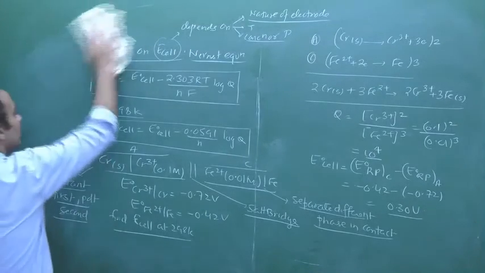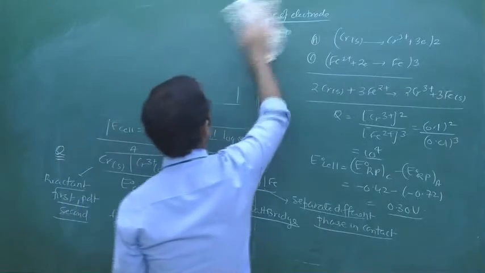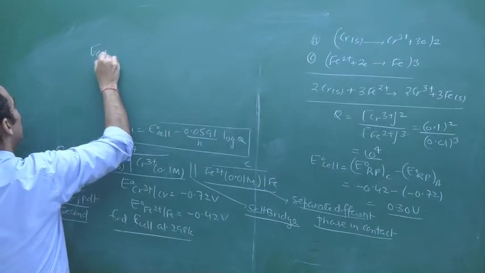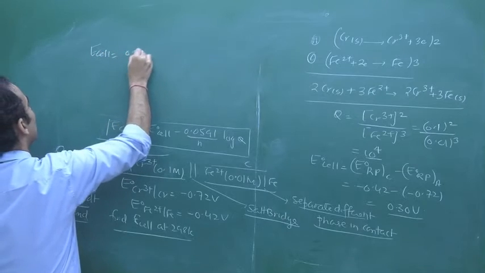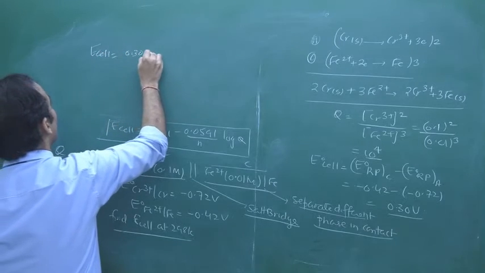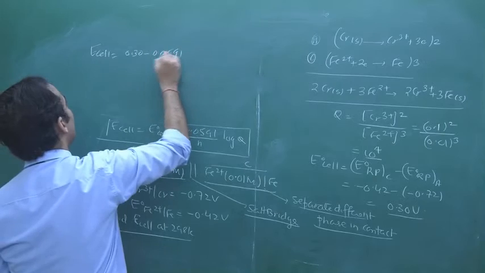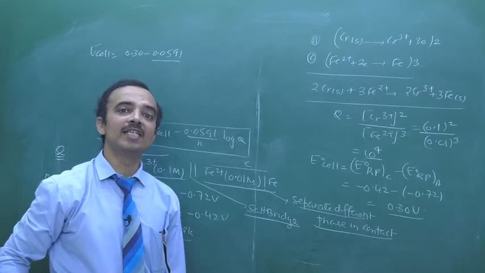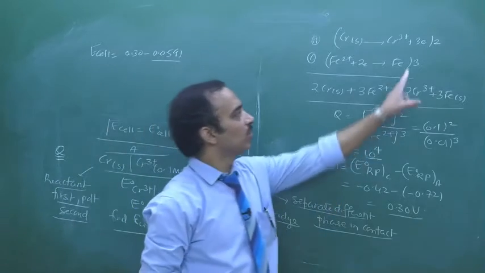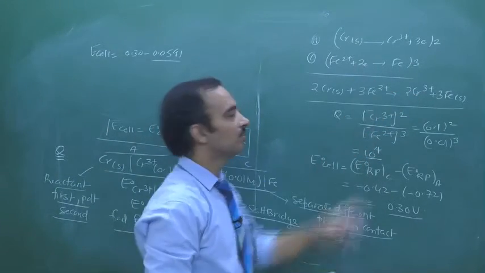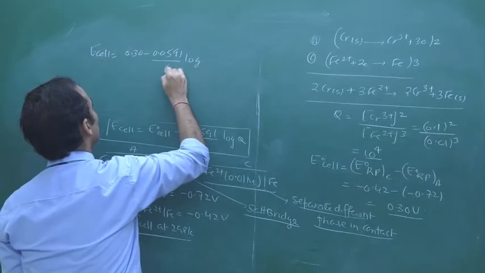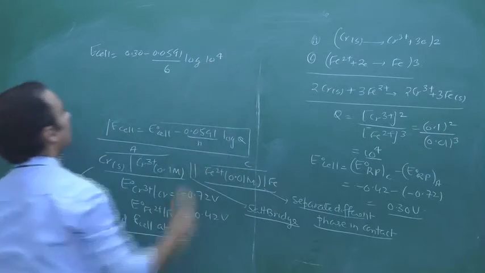Once we get these values, we can easily calculate E cell. E cell is equal to E naught cell minus 0.0591 upon n log Q. What is value of n here? n is 6. Mole of electron exchange is 6. Q is 10 to the power 4.